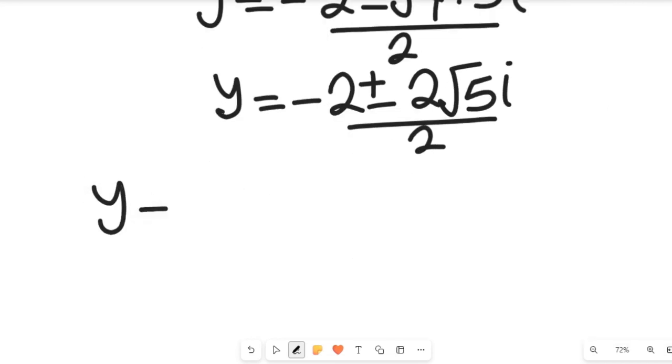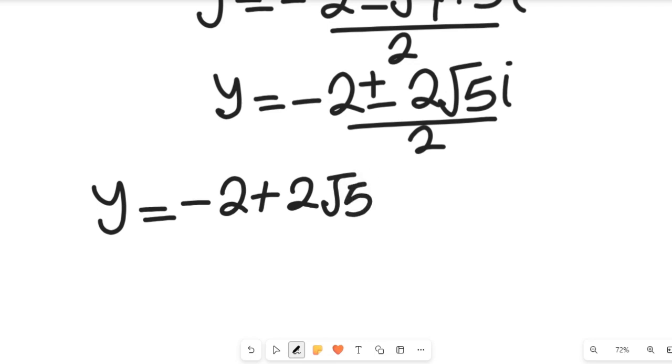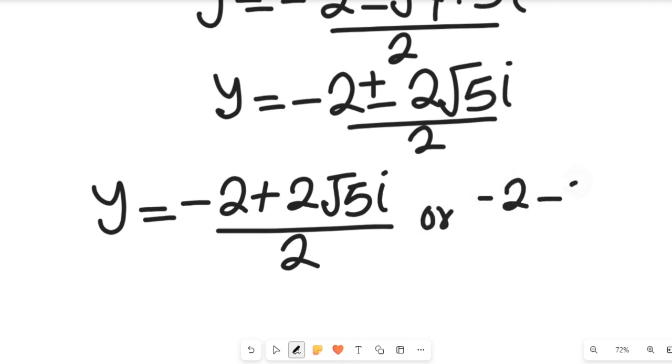So let's reduce this solution. Our value for y will be equal to negative 2 plus 2 root 5 imaginary divided by 2, or negative 2 minus 2 root 5 imaginary divided by 2.